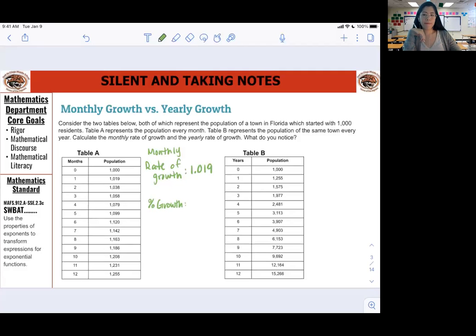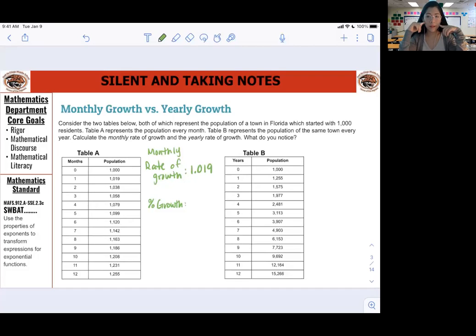What was that, Lauren? You could subtract. Okay, so subtract what? 1 minus 1.019? But remember, are we growing or decaying?